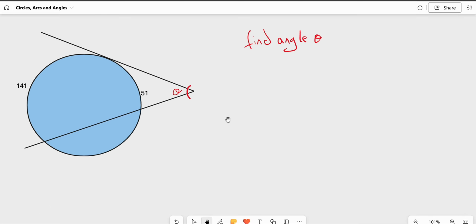And in this one, we need to find the angle theta. Now, what type of angle is this? This is also an external angle, and we have two arcs created by this angle. We have this arc, 51, and we have this arc also here.